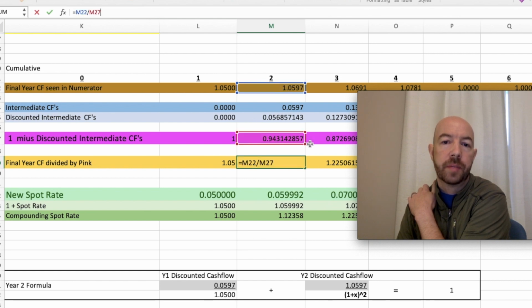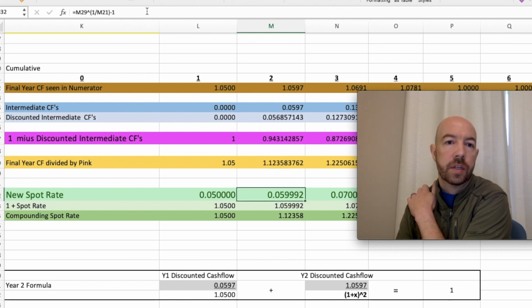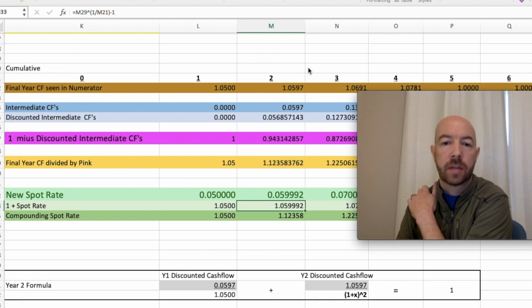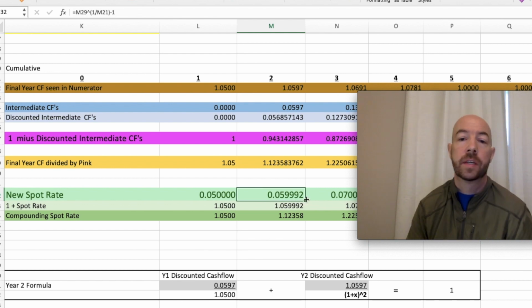So the blue divided by the pink, and you'll get 1.12357. So that's going to end up becoming your spot rate, right? But it's a squared value. So you're going to need to take the square root of that. Since it's a squared number, you take the square root and subtract off your 1, and you'll get almost a 6% spot rate for that year.